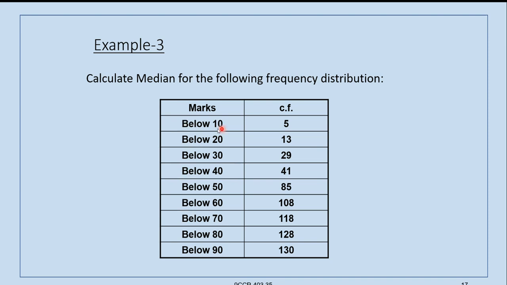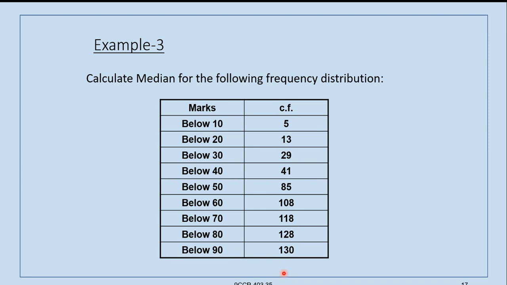So we can assume that 0 to 10 is the first class interval, 10 to 20, 20 to 30, 30 to 40, 40 to 50, 50 to 60, 60 to 70, 70 to 80, 80 to 90.